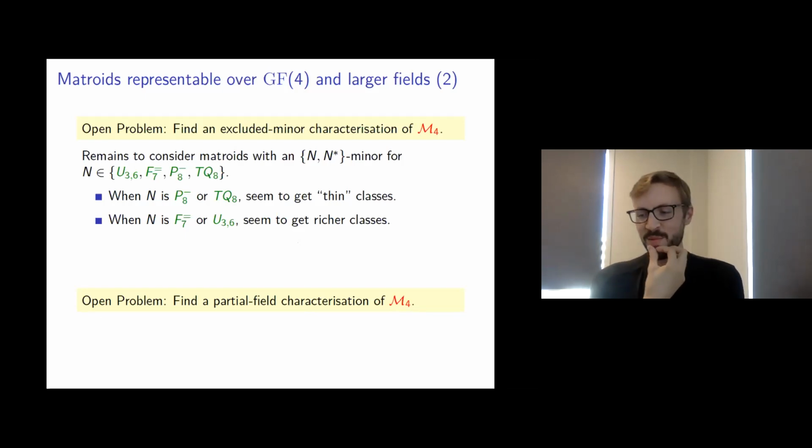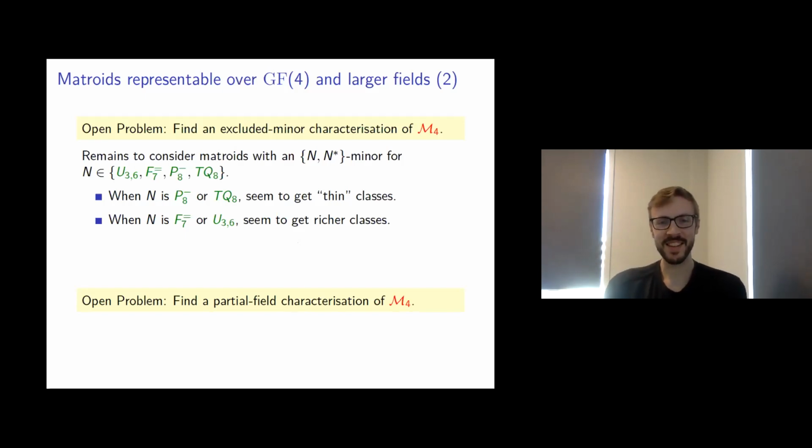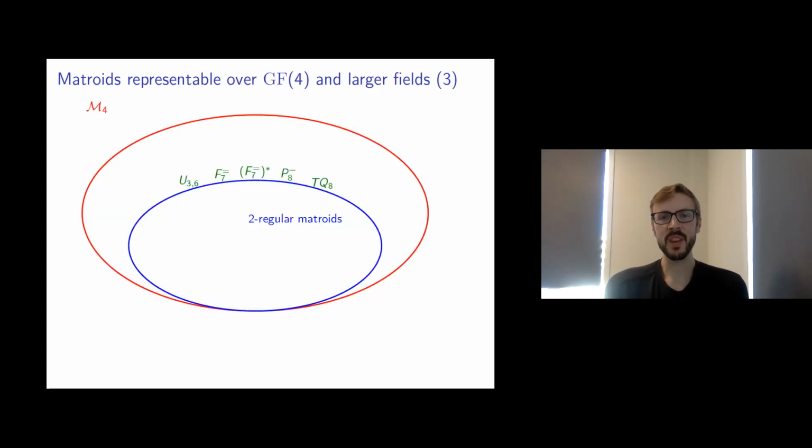So I think I've got maybe a couple minutes left. So I wanted to talk briefly now about another open problem that's not quite the same, but somewhat related. And this is that we actually don't even know a partial field characterization of this class M4. So what do we know about what the partial field characterization might be? Well, we could start by looking at what we now know about these 2 regular excluded minors.